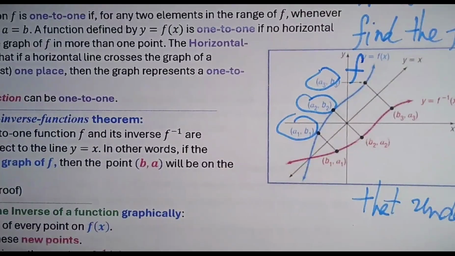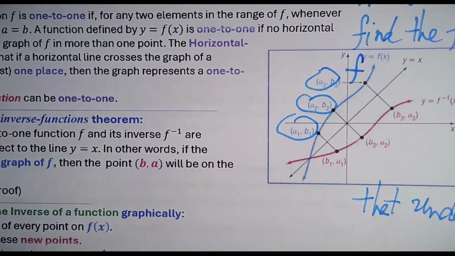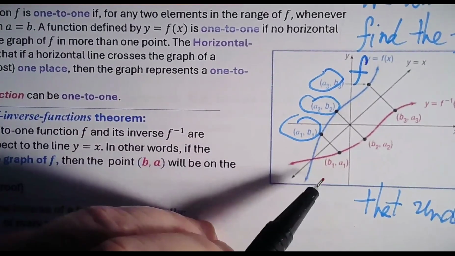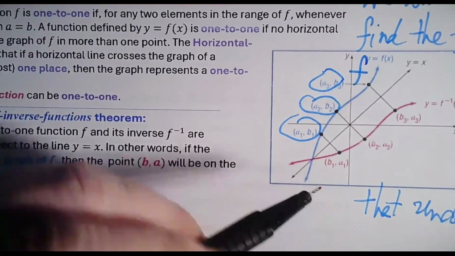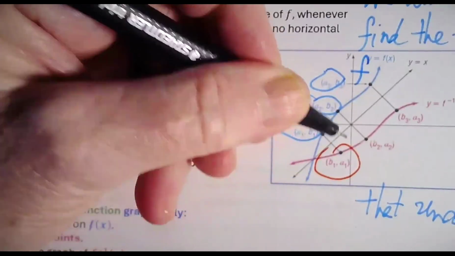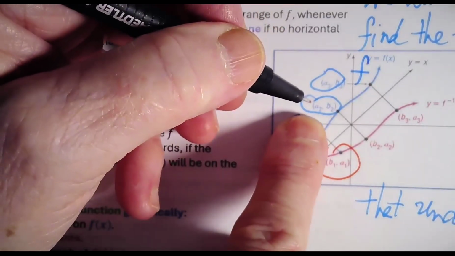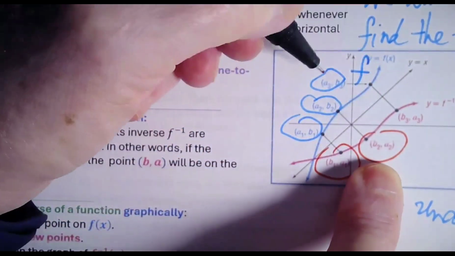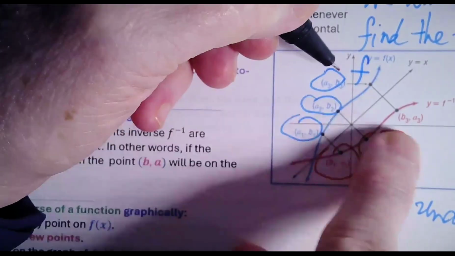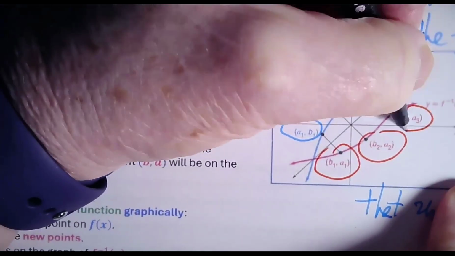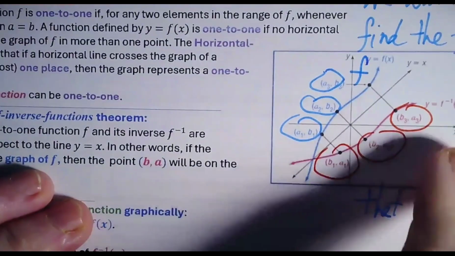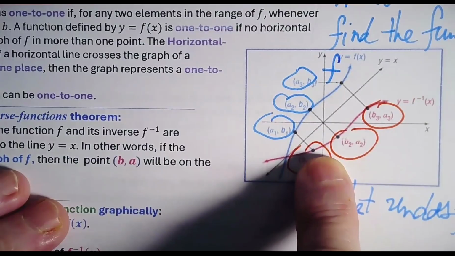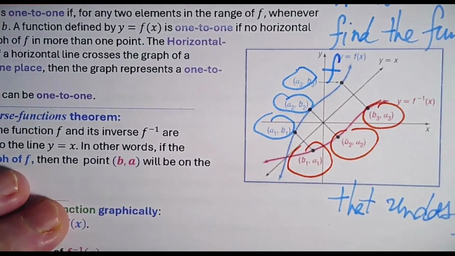If I just flip their order, if I take A1, B1 and change the order to B1, A1, take A2, B2 and flip the order so that it's B2, A2, and A3, B3, flip the order so that it's B3, A3, and then connect the dots. The function that I'm drawing is the function that undoes whatever f does.